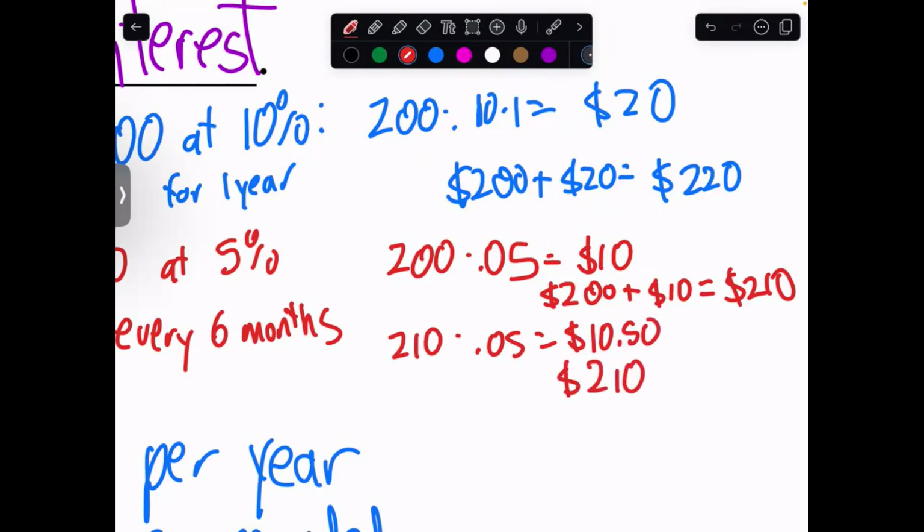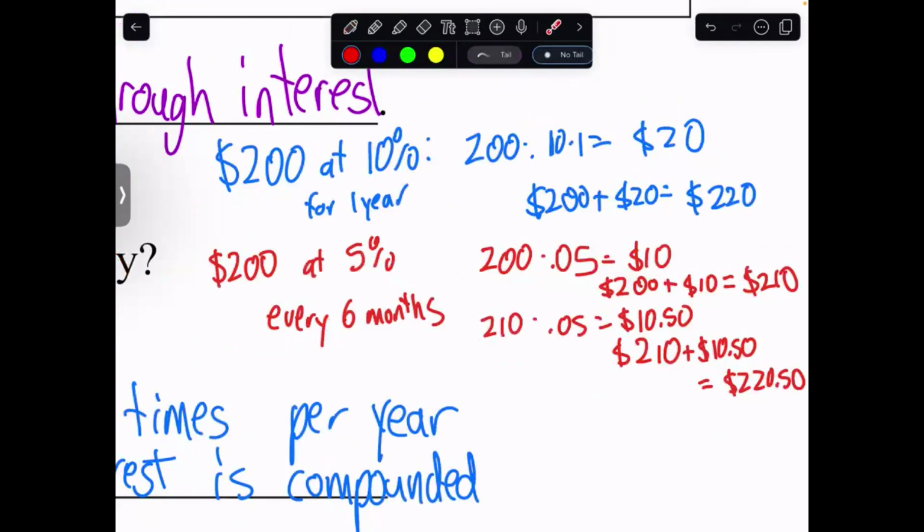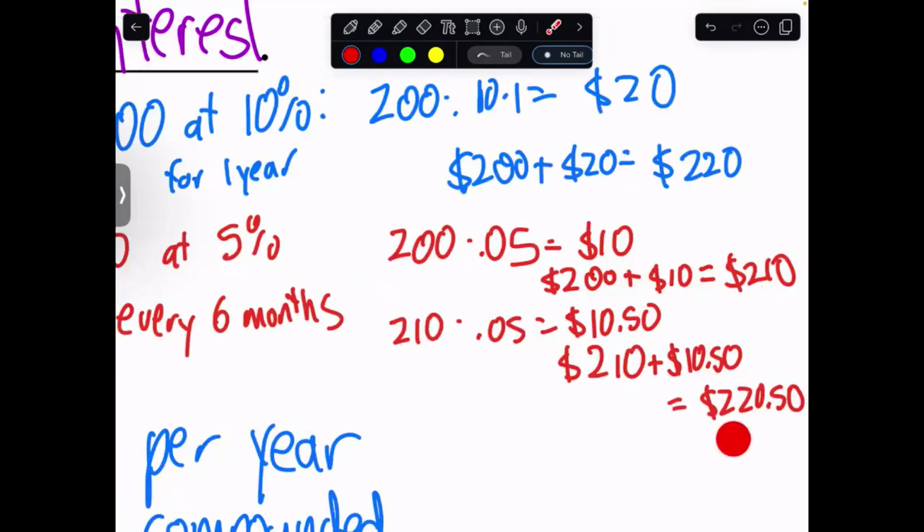It's just something I'm adding right now. Again, these numbers are just made up, but hopefully you see that if you compound more often, you get a bigger balance, a bigger total, because again, you get interest on your interest.